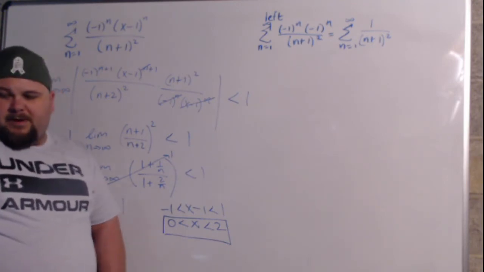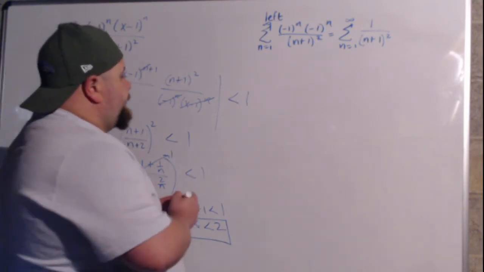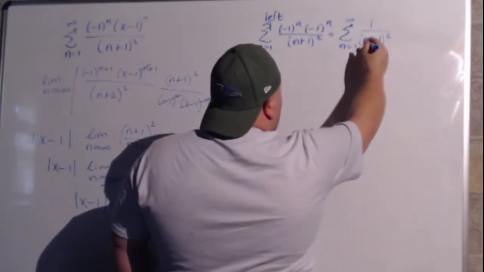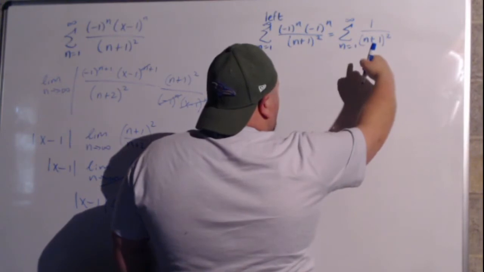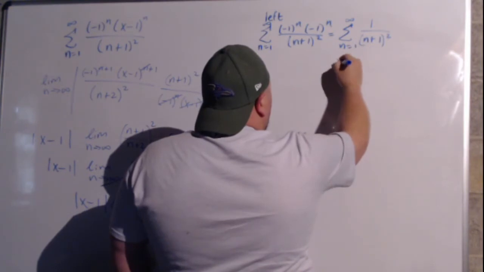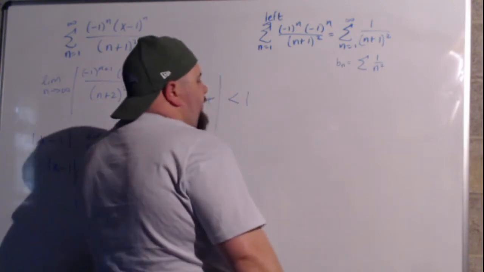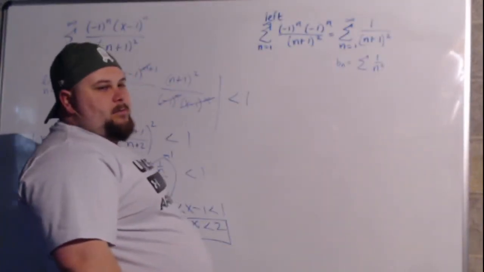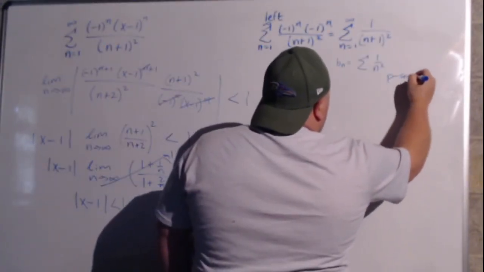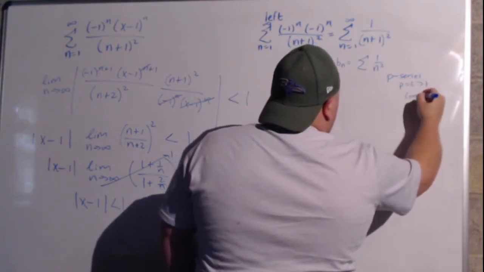I'm thinking maybe a comparison test or a limit comparison. If we were to square this all out, that'd be n squared plus 2n plus 1, which means the leading term is n squared. So we could compare it to 1 over n squared. That is a p-series, and p equals 2, which is greater than 1. So that converges.